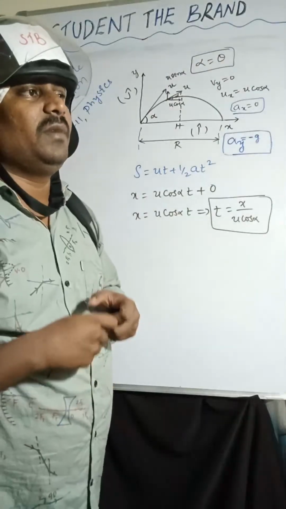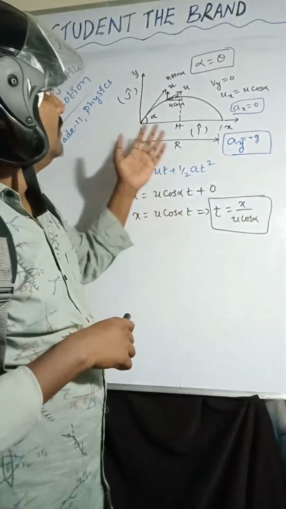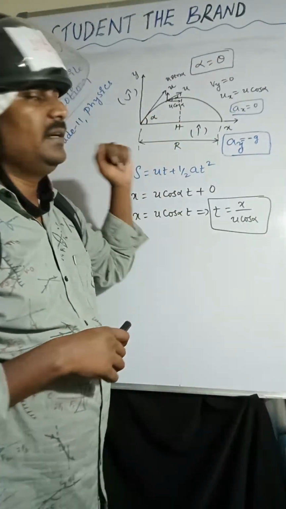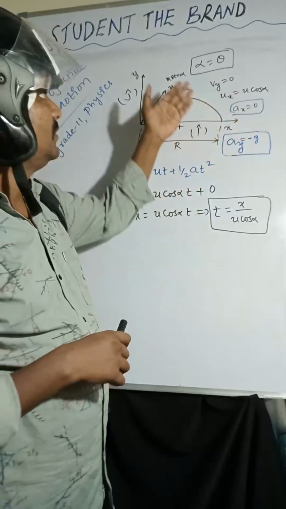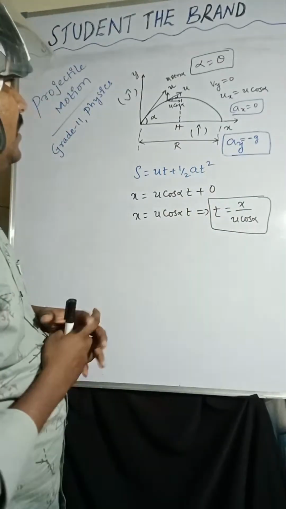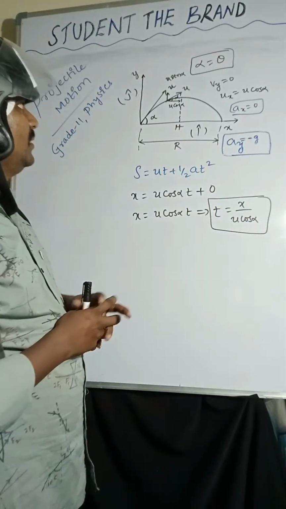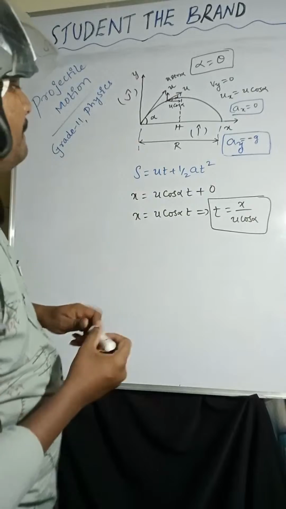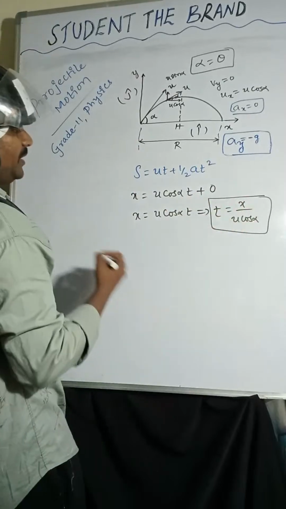In H.C. Verma, they consider angle is theta. In D.C. Pandey, they give alpha. Check once which angle you are mentioning, so that is very important. Okay, t equal to x by u cos alpha.